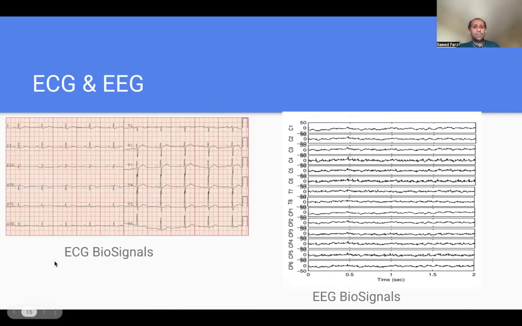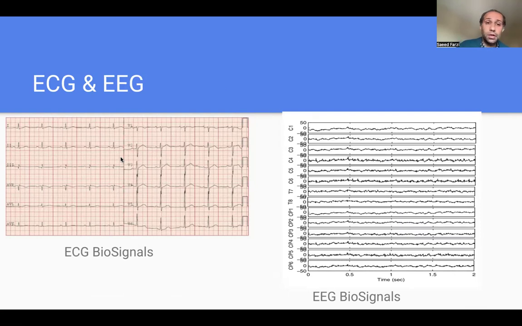Okay, let me show you the EEG and ECG now. As you see here, the EEG and ECG signals are captured from different leads. For example, for ECG, the heart activity is modeled by the time series signal, which is captured from at least 12 leads.